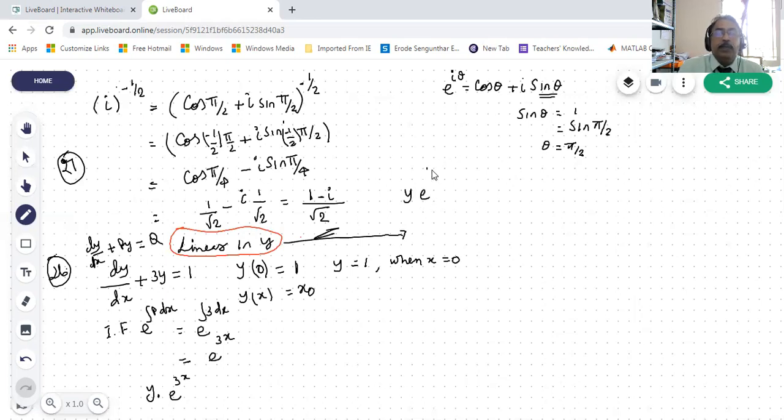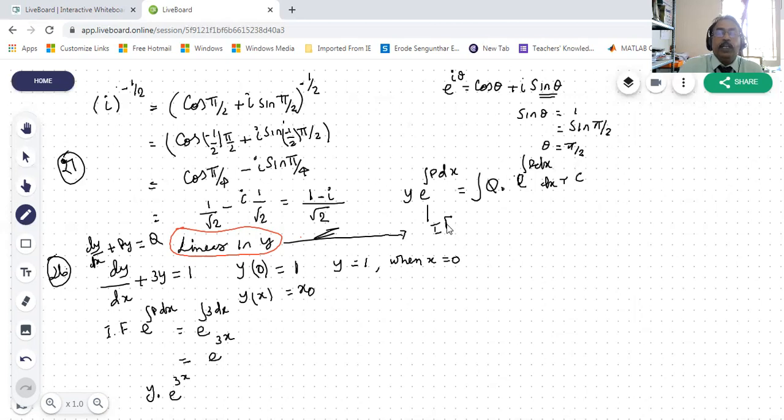Y into the integrating factor is equal to the integral of q into the integrating factor, e power integral p dx, dx plus c. This is the integrating factor, IF.